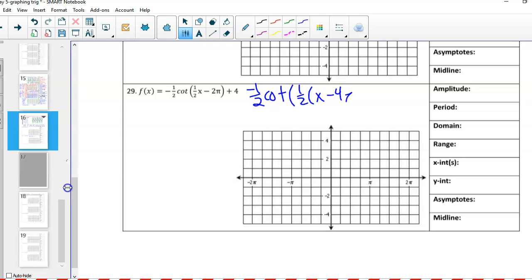I said we're factoring out this 1/2, so if we're dividing negative 2 pi by 1/2, it would be... what is our phase shift? Right 4 pi. And our vertical shift, up 4.